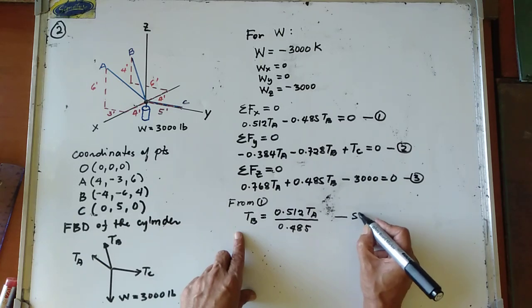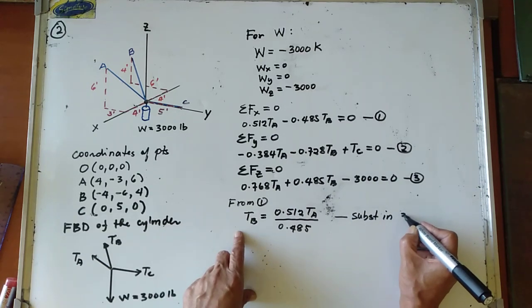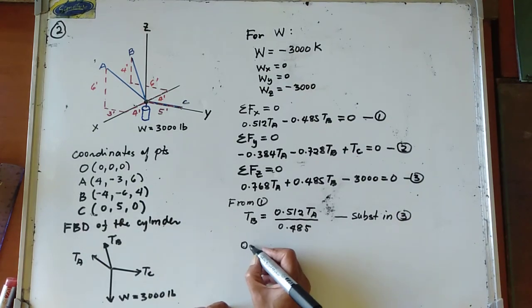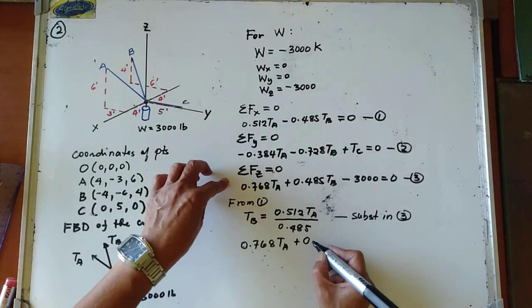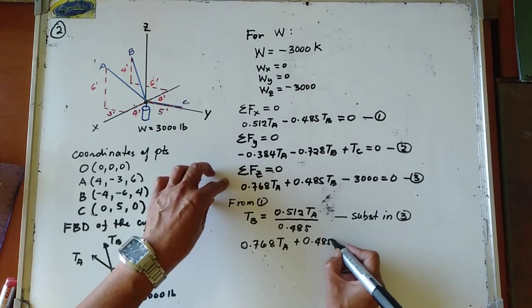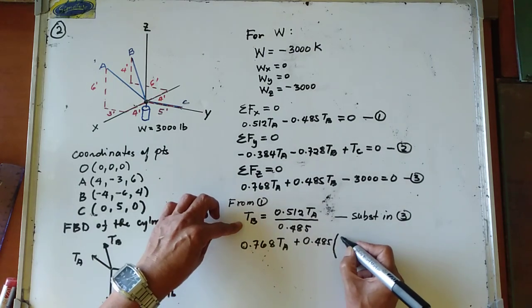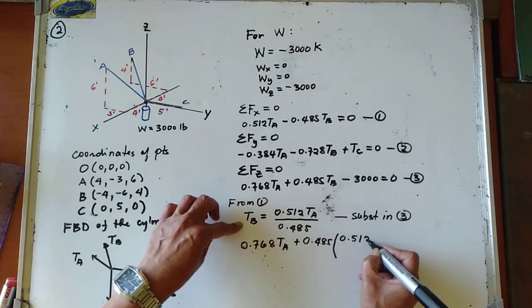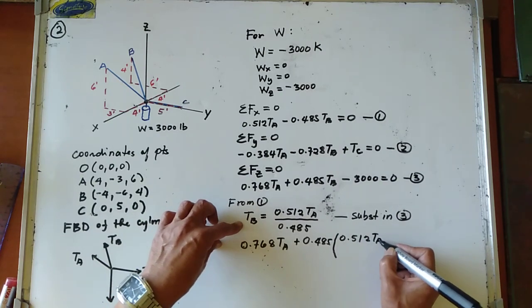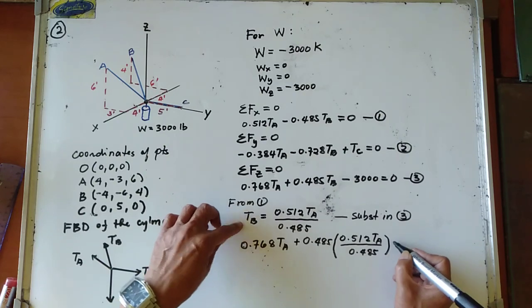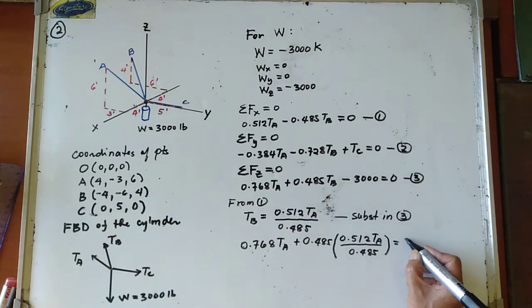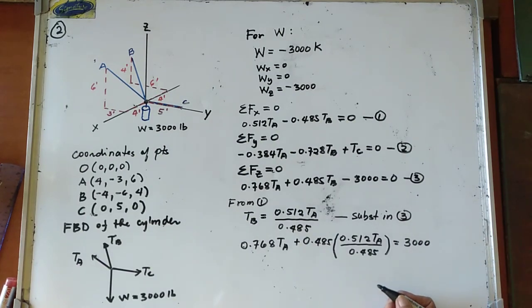So if you substitute this in equation 3, then we have 0.768 TA plus 0.485 multiplied by T sub B, which is 0.512 TA all over 0.485, should be equal to, transpose this to the other side of the equation, 3,000 pounds. So that is equal to 3,000 pounds.